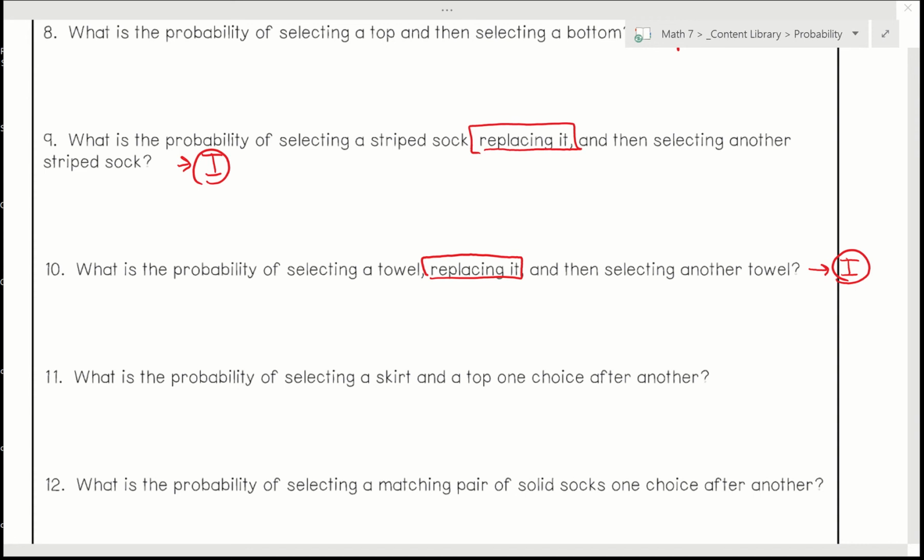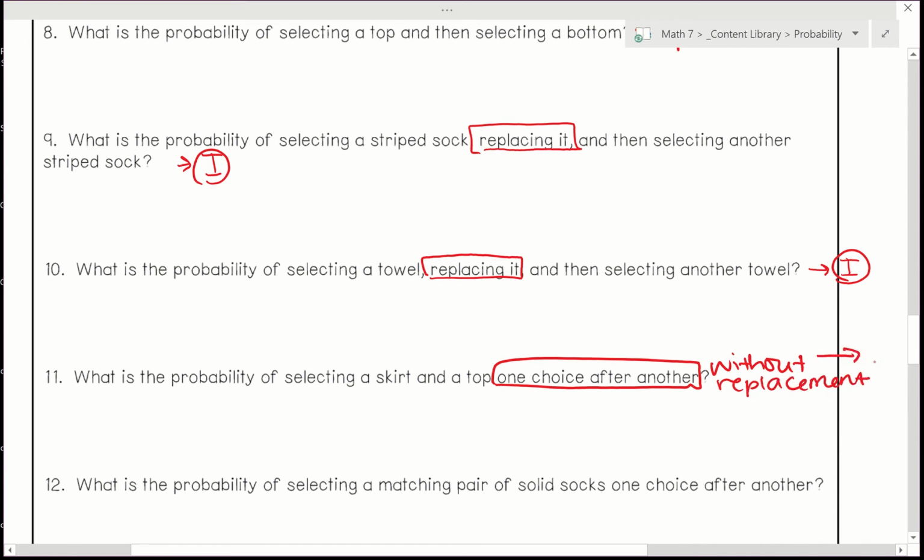What's the probability of selecting a skirt and a top one choice after another? So one choice after another means that they're not replacing. This is without replacement, which means it's dependent.